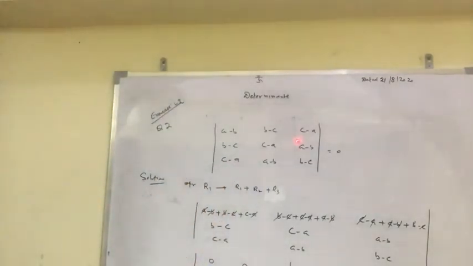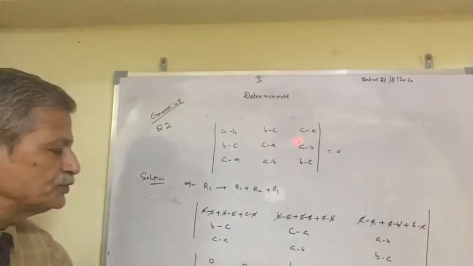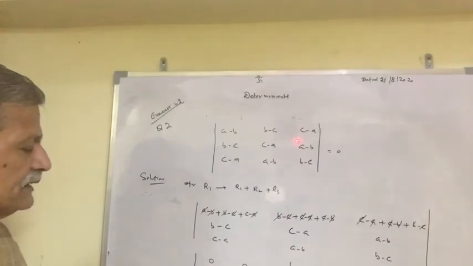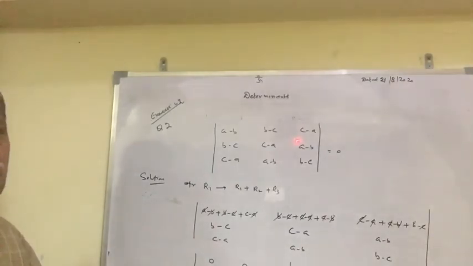Now in this case, you find the R1 row goes to 0. If we open the determinant by R1, then definitely its value is 0.